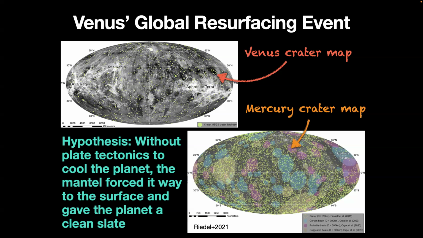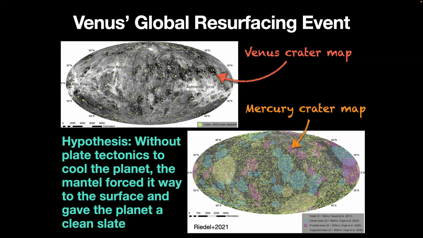Because of the decay of radioactive elements that just exists naturally, the interior of Venus continues to heat up. And it will continue to heat up until the mantle is hot enough to force its way to the surface and essentially resurface the entire planet. So Venus is covered with lava until the mantle cools enough for the entire process to start over.